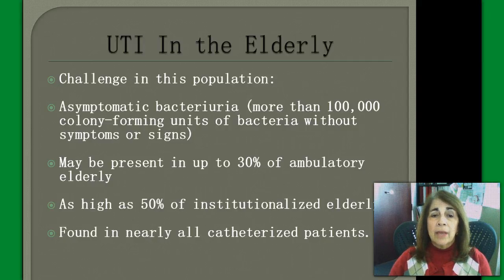Numbers indicate that up to 30% of the elderly have asymptomatic bacteriuria, and it can be as high as 50% of the institutionalized elderly. So while they have significant infection, they don't realize they have it because they have no symptoms. In catheterized patients, it is nearly always asymptomatic.